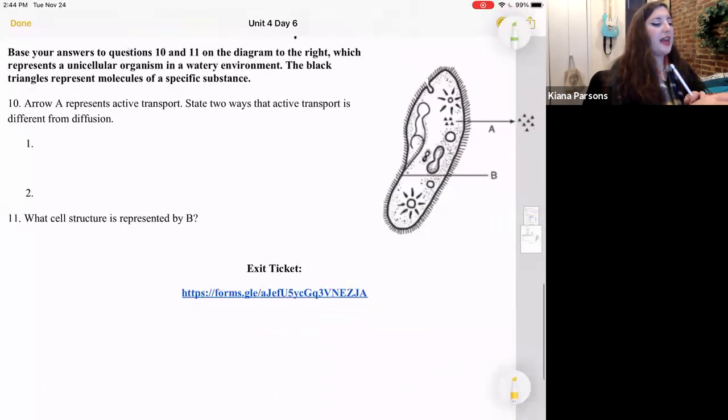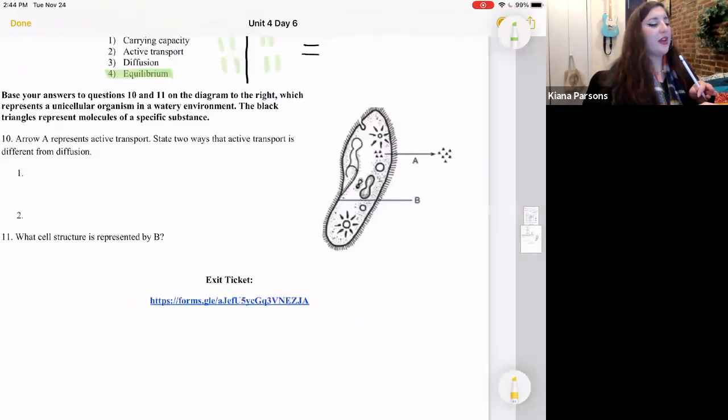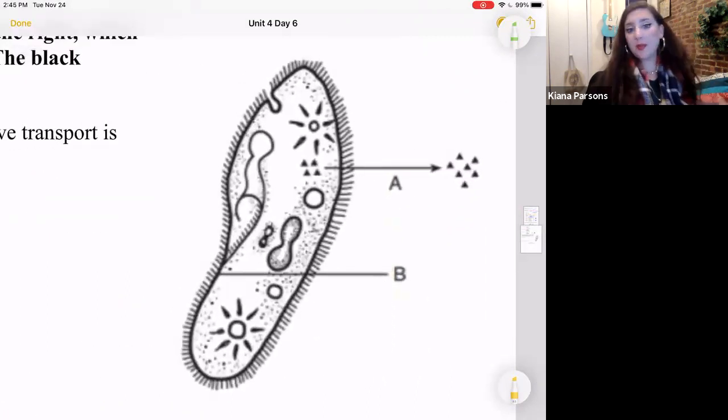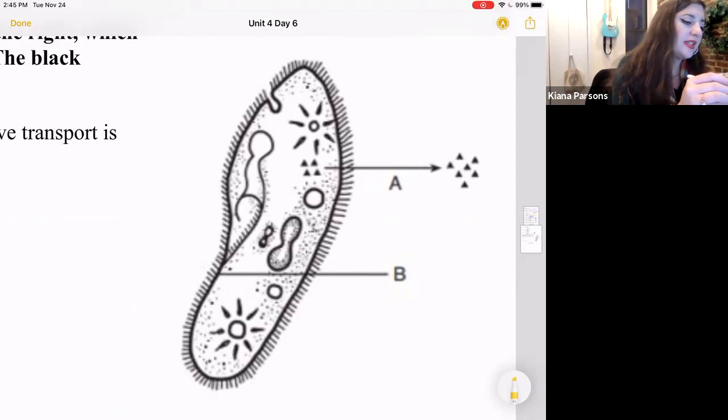Now on to the last few questions. You can see a diagram here. And this is a single-celled organism, maybe like an amoeba. Right? So that means the entire organism is just one cell, right?